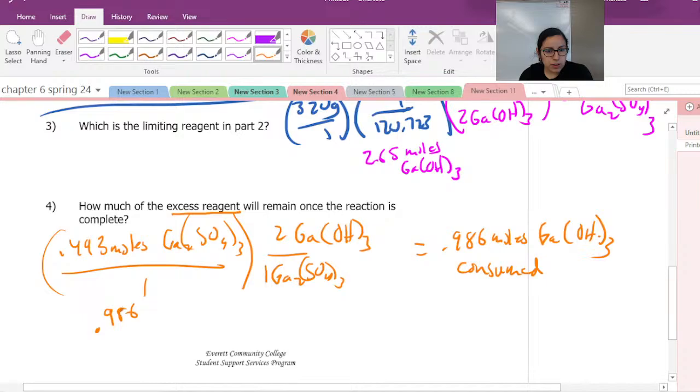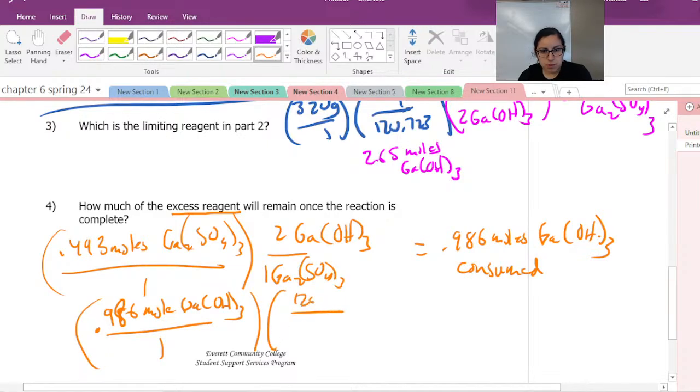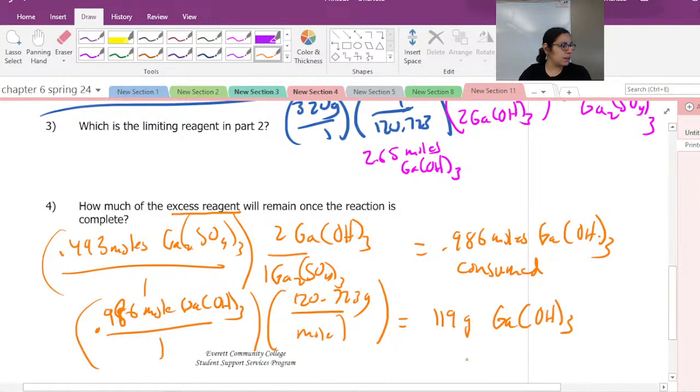So 0.986 moles of gallium hydroxide. So we just wanted that in grams. So times 120 grams per mole. And so that's 119 grams of gallium hydroxide, again, consumed.